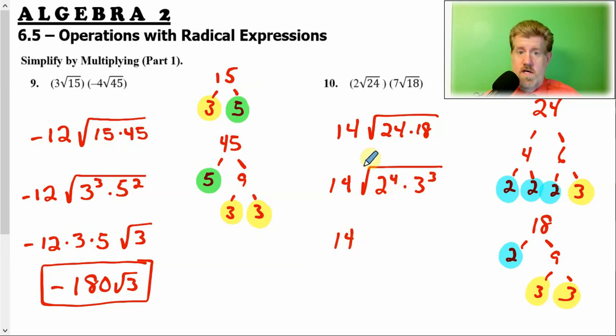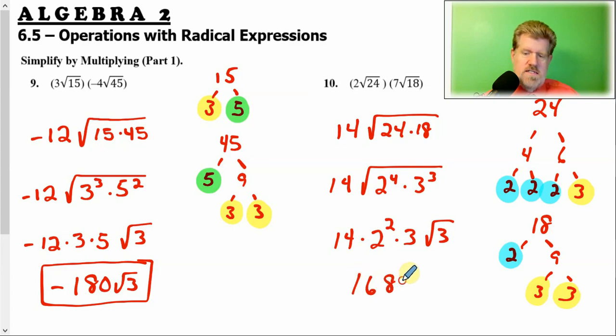Well, it's a square root again. So 4 divided by 2 is 2. Nothing remaining. 3 cubed. Well, 3 divided by 2 is 1, with a remainder of 1. So 2 goes into 3 one time. So 1, 3 comes out. 1, 3 remains. Now we've got to multiply 14 times 4 times 3, which is 168 square roots of 3.